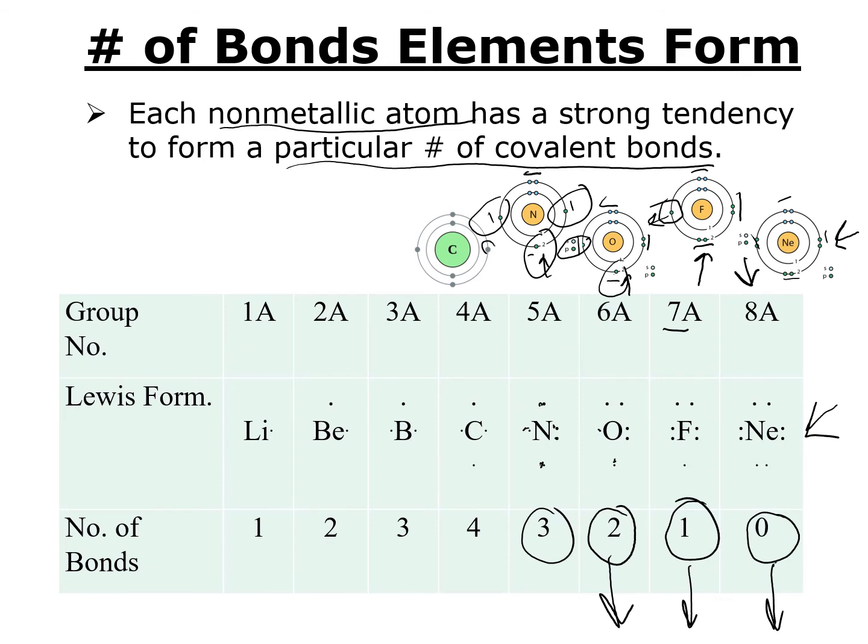Carbon has in its outermost shell 4 valence electrons. So the Lewis dot structure is drawn with 4 dots around it, which means carbon can form 4 bonds. So column 4 for our nonmetals would be 4 bonds. So you want to know the number of bonds that these nonmetals can form, because we're only going to be looking for covalent compounds, which are going to be for nonmetals.